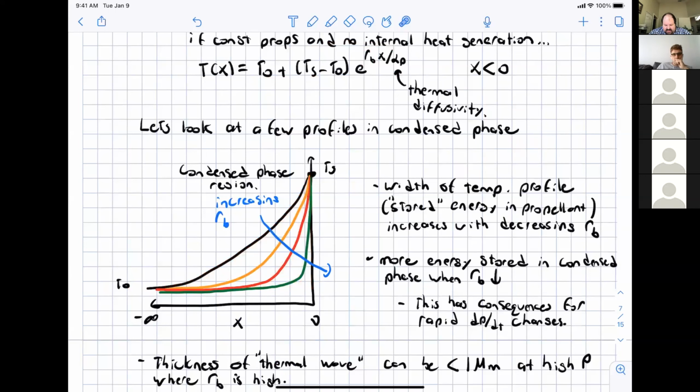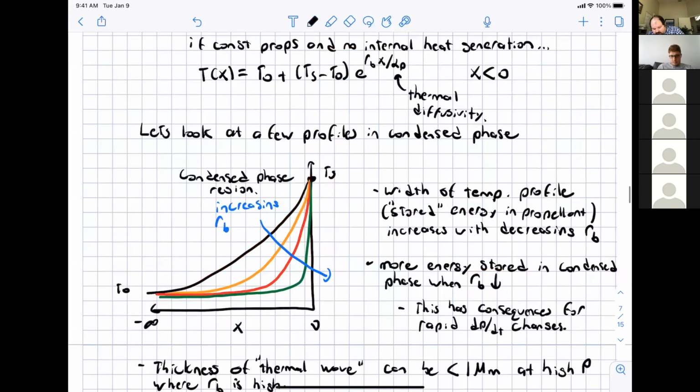Notice that this curve is much more broad for a propellant burning at a slow rate versus one burning at a fast rate. So more energy is stored in the condensed phase when the burning rate is smaller.